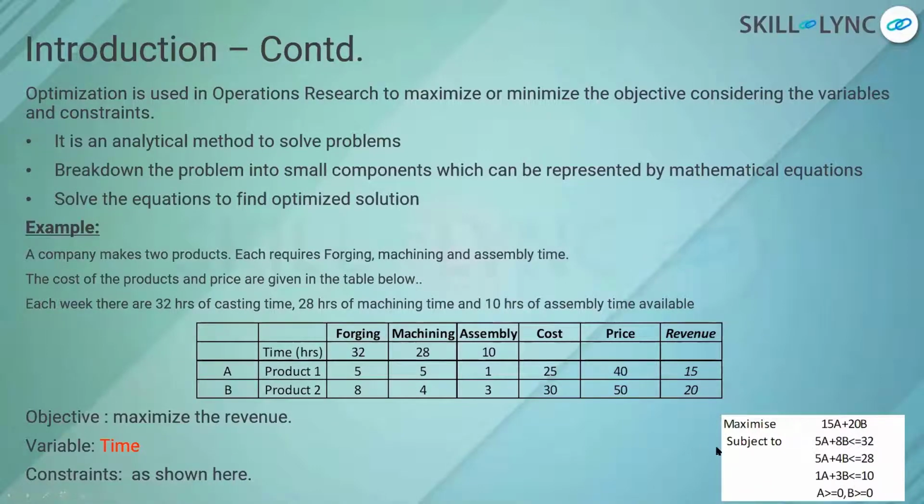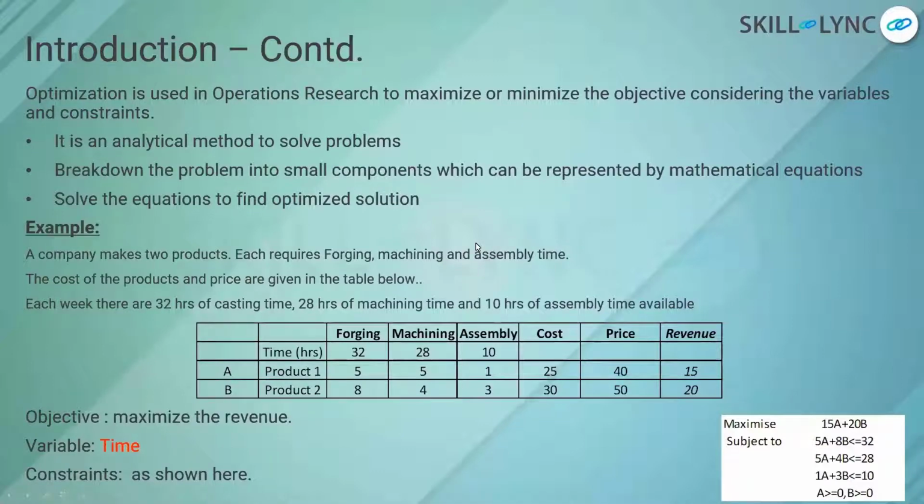So those are the 3 equations. Each of them has to be less than the available time for the total machine itself. And obviously, both the variables have to be greater than 0. So these are the mathematical equations that have been written to represent this problem. And an optimum solution can be found by solving this problem and making sure that the revenue is maximized.